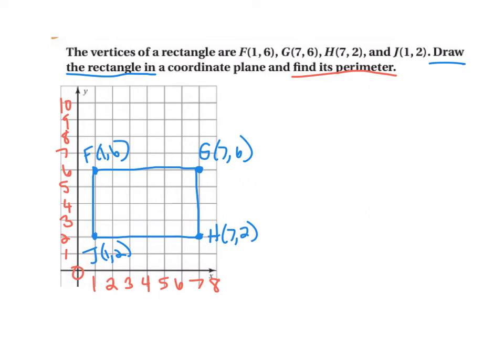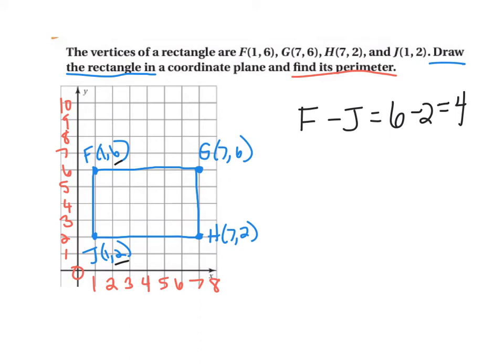So if I focus on the difference here, and I do F minus J, the y coordinates here, then what I'm really doing is 6 minus 2 to find that distance, and 6 minus 2 is 4.